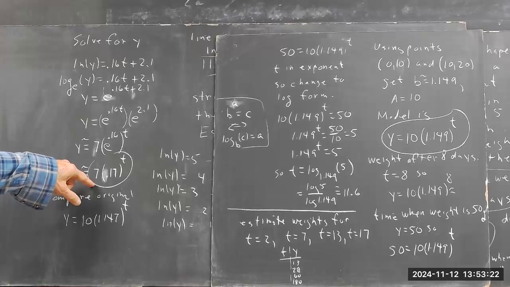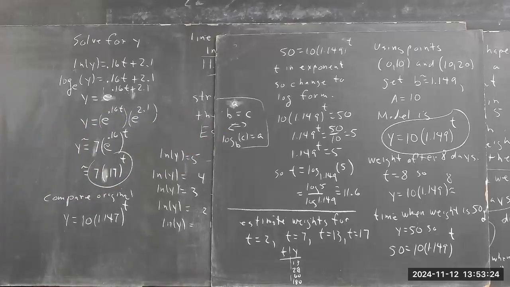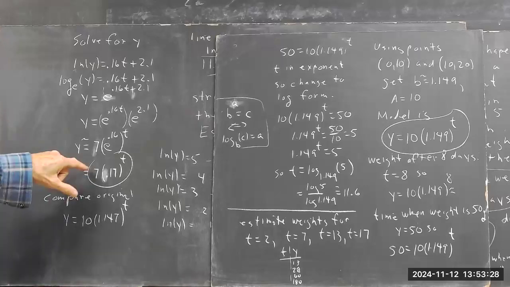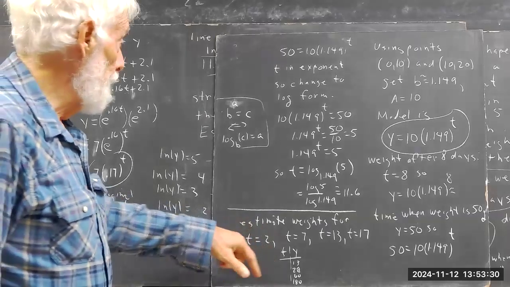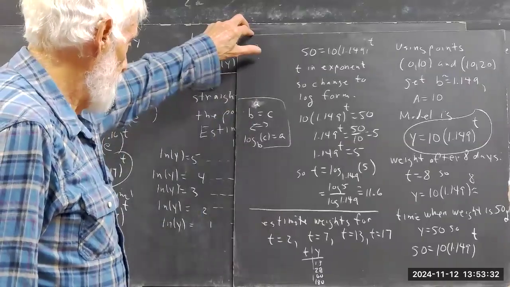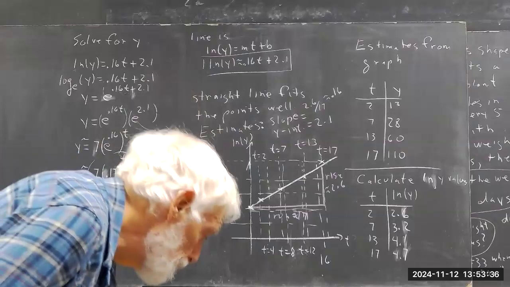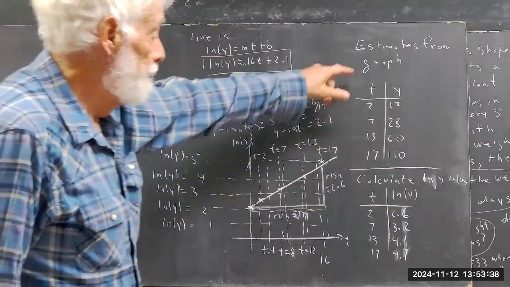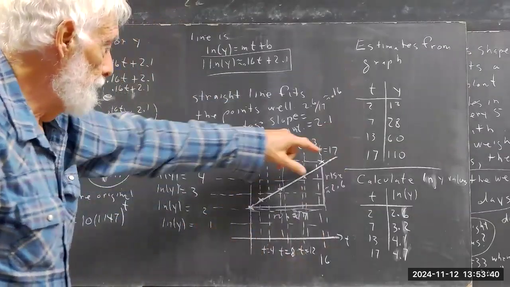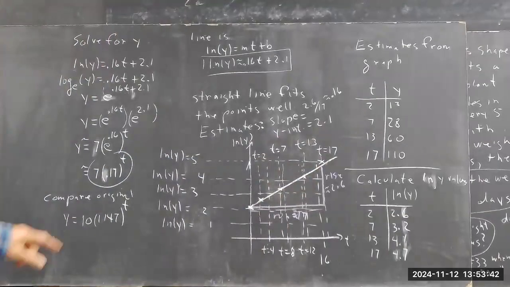Okay, this is an estimate of the function that fits the table. So we made estimates from the table, and from that we made an estimate of the function. And it came out reasonably close.